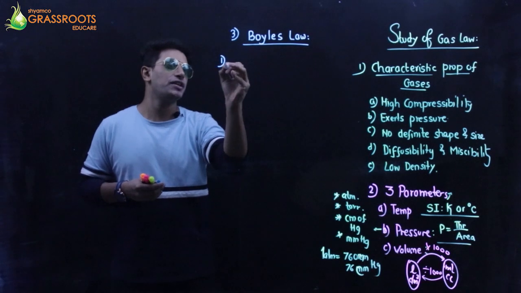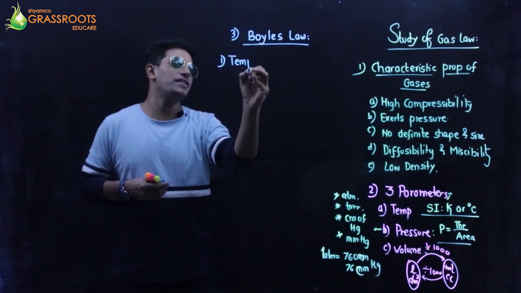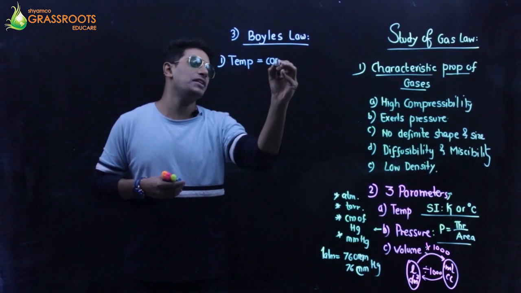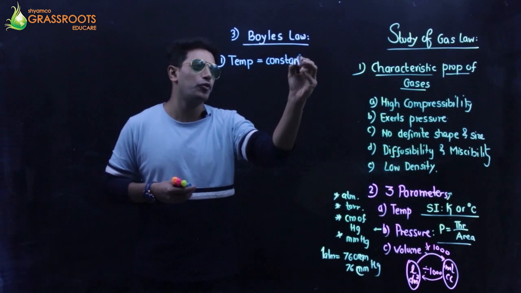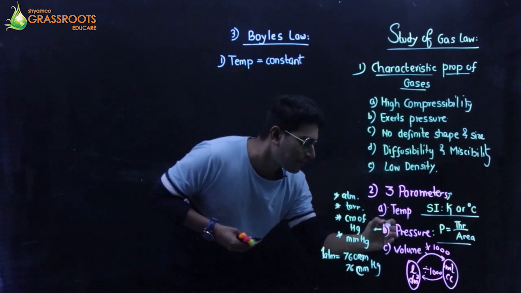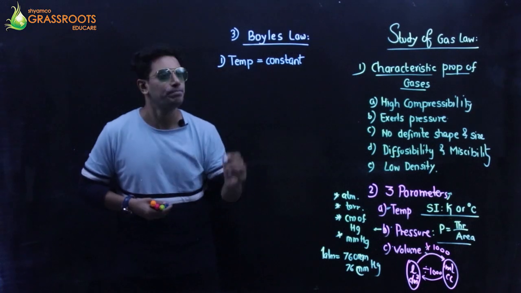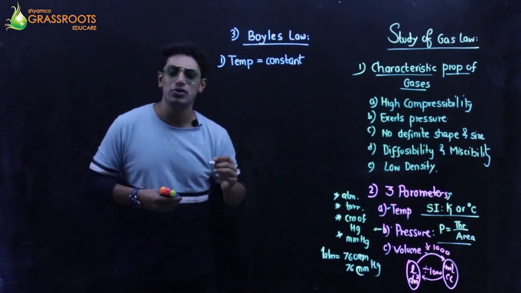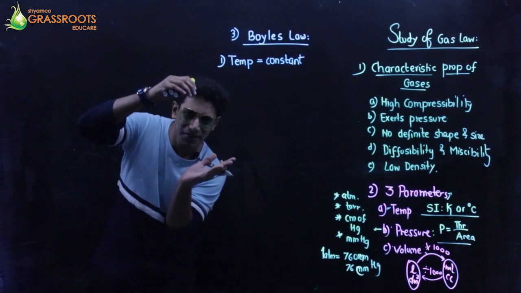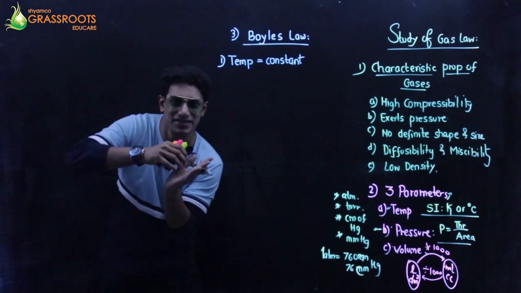So the first point, temperature remains the same. That means one of the parameters from the 3 of them, we have kept as a constant, and it is temperature. Boyle's law states, if the pressure increases, the volume decreases.